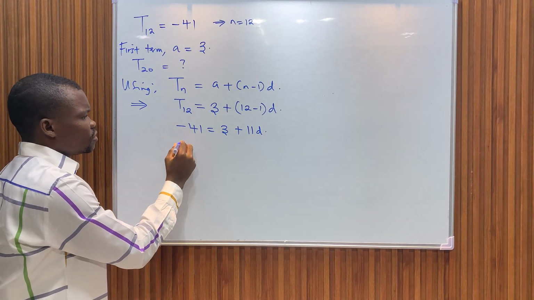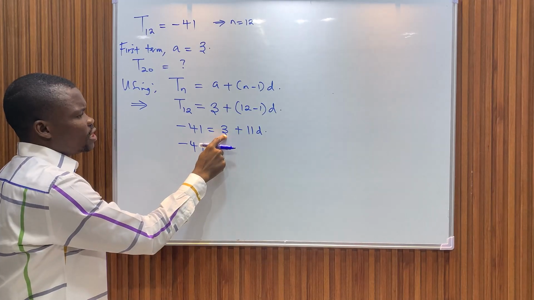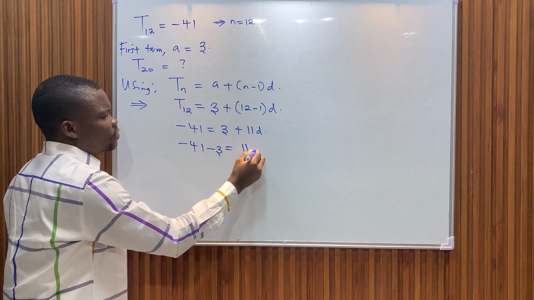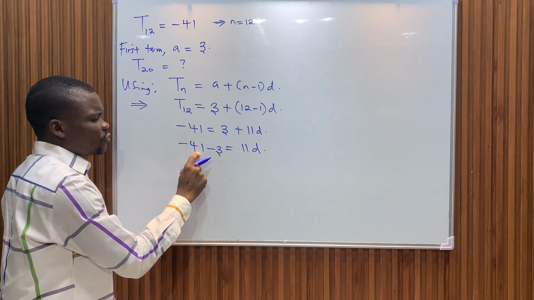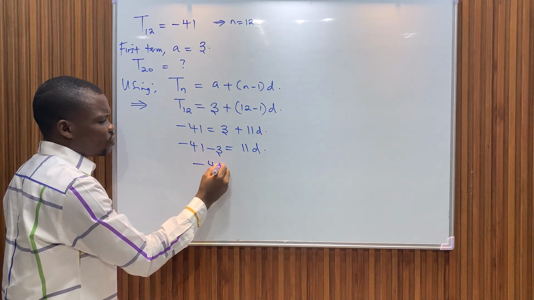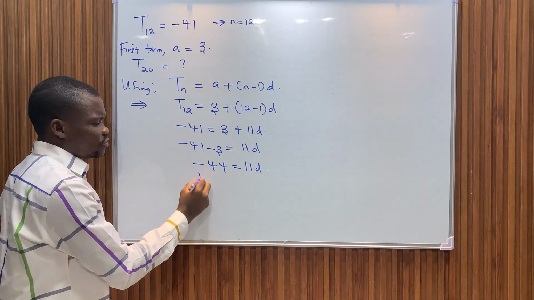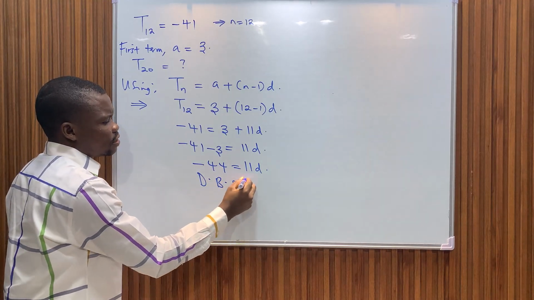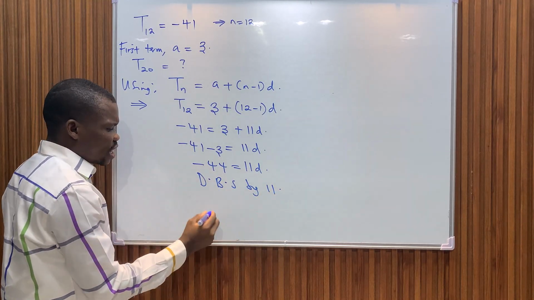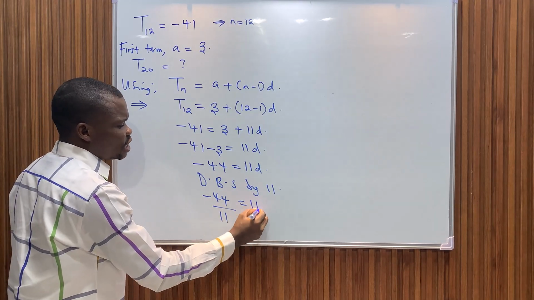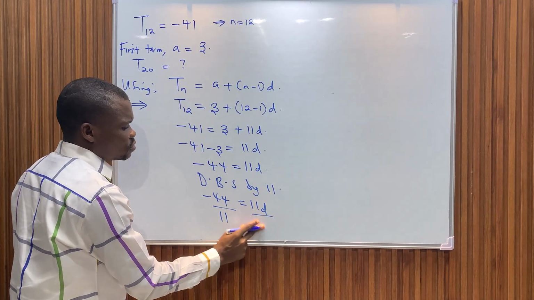On further simplification, let's solve this out. When the plus 3 comes over, it becomes minus 3. So minus 41 minus 3 gives us minus 44 equals 11d. When we divide both sides by 11, minus 44 over 11 equals 11d over 11.